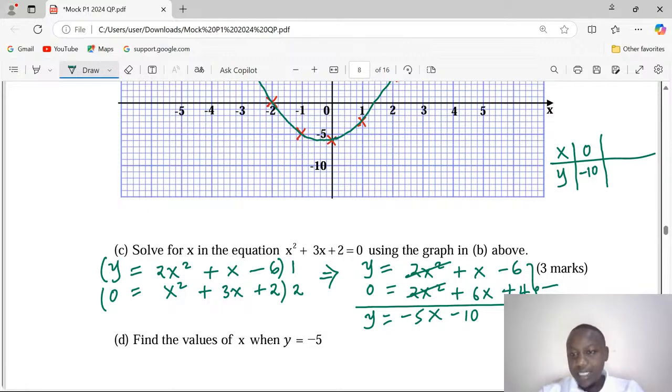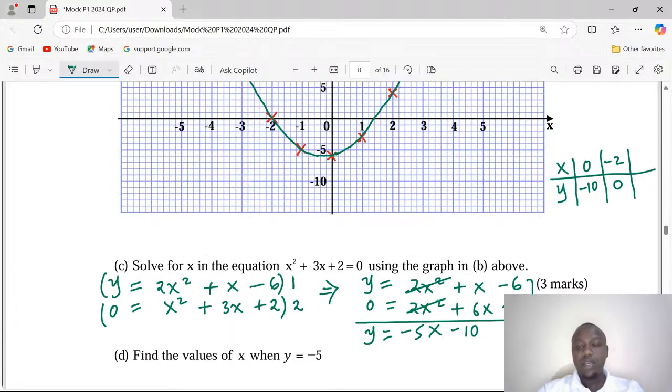And when y itself is 0, we can also solve for the value of x. When y is 0, x is going to be negative 2. And there are more other coordinates that we can come up with. Let me utilize these two.